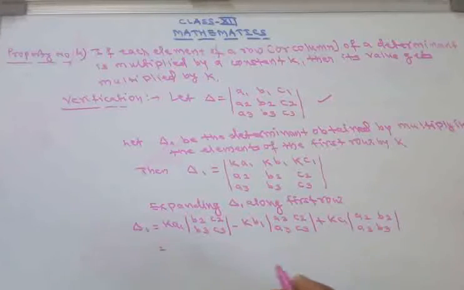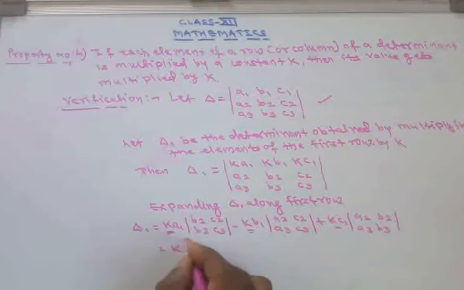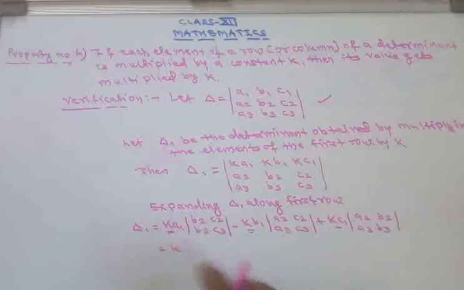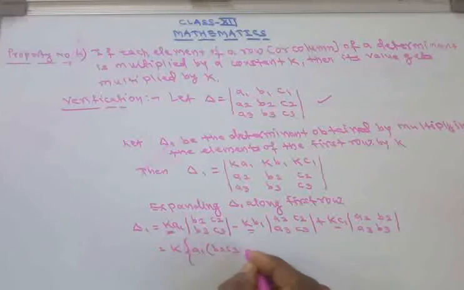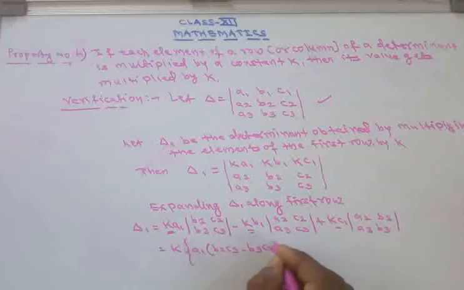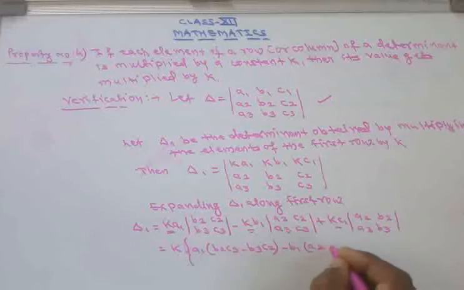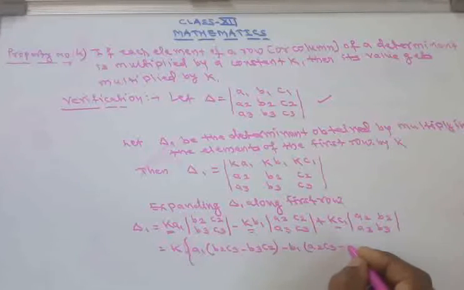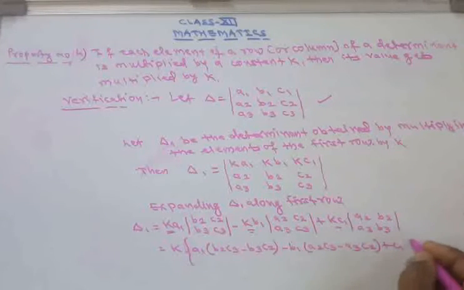Now I can take k as common: k into a1 into (b2 c3 minus b3 c2), minus b1 into (a2 c3 minus a3 c2), plus c1 into (a2 b3 minus a3 b2).